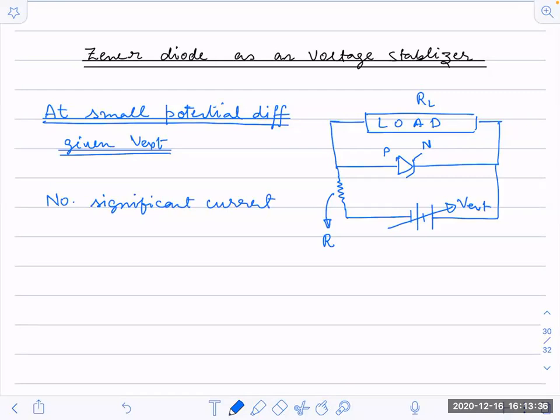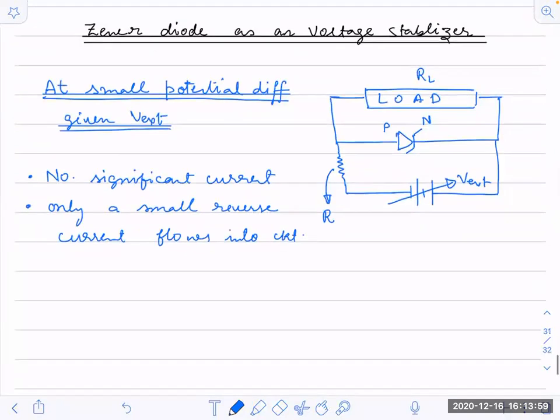Only a very small reverse current flows into the circuit. Now, this is not the zone which we are looking for. We are looking for the breakdown region.